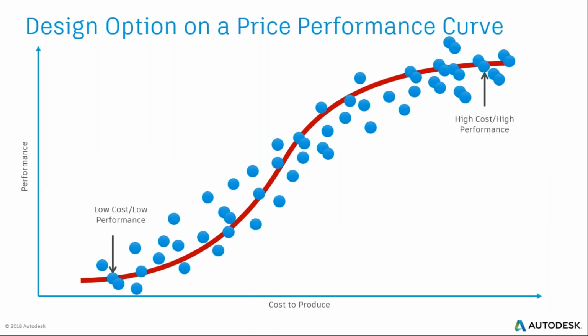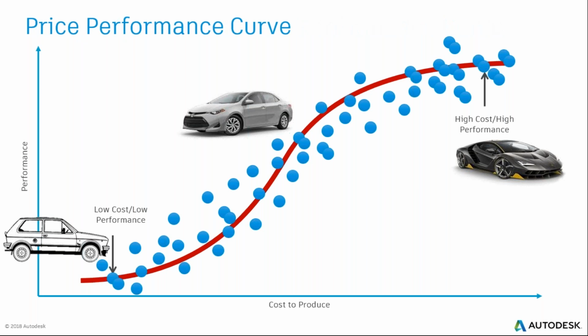So we're going to take a look at this in a hypothetical situation. If we lay out all these different outcomes that you get from generative design, at the one end of the spectrum, some of them might be lower cost, lower performance, and then at the other end of the spectrum, your high cost, high performance options. So, again, to use a transportation analogy, if we take a look at some different vehicles here, certainly these three different vehicles are going to have different costs associated with them in order to purchase them.